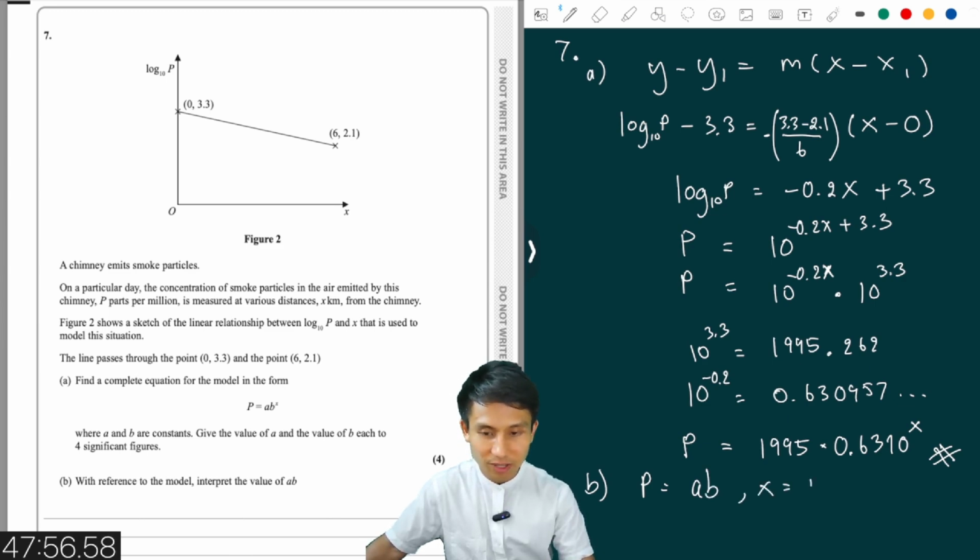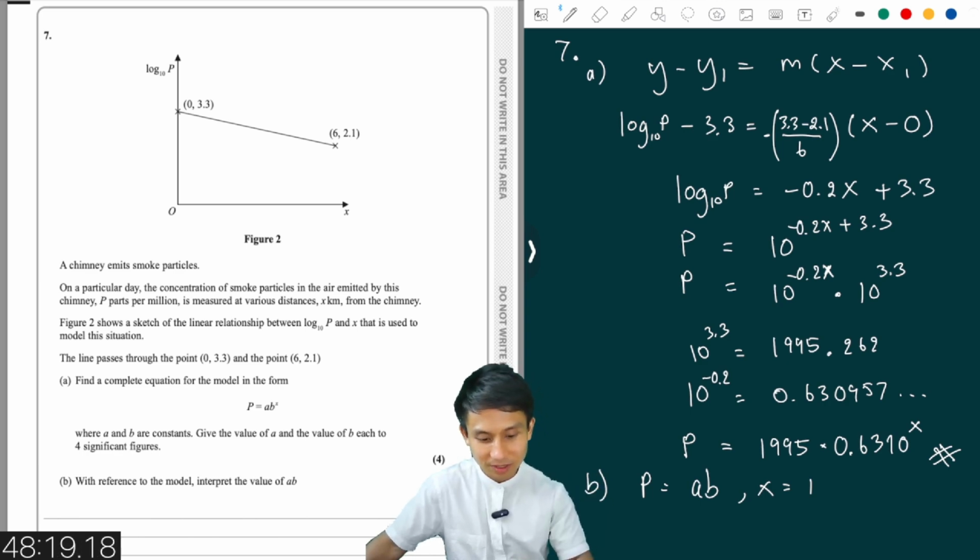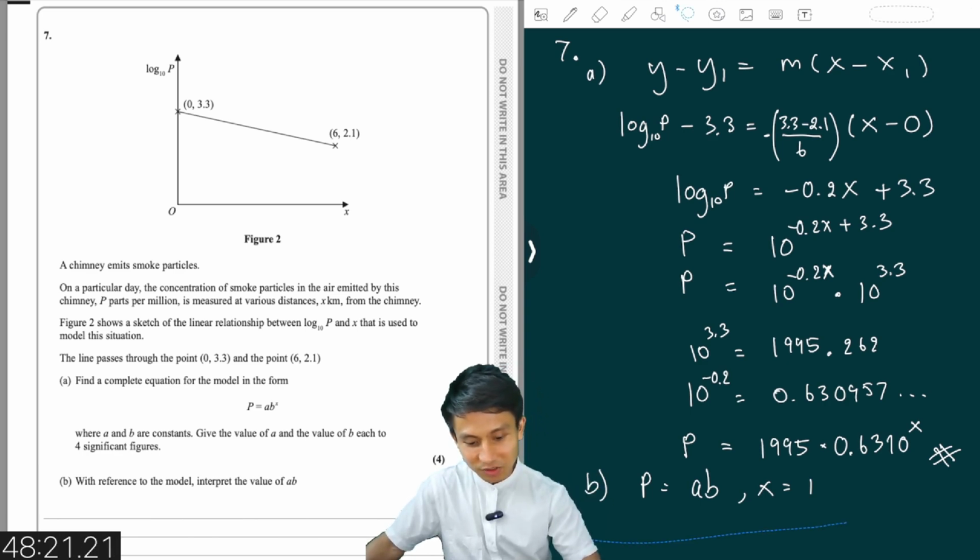If you sub x equals 1, it's just a times b. So that is telling you it's the value of what? P is the concentration of smoke particles emitted by the chimney, parts per million, measured at 1 kilometer from the chimney. Yeah? So that is the answer, actually.